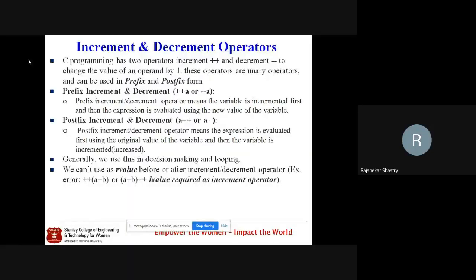One is pre-increment or decrement. The other one is post-increment or decrement. So within increment decrement, we have two categories again. One is pre-operators, the other one is post, or prefix or postfix operators, the other way we can say.